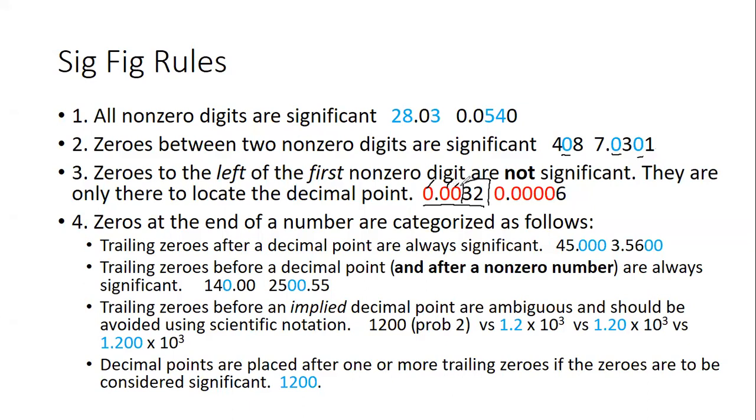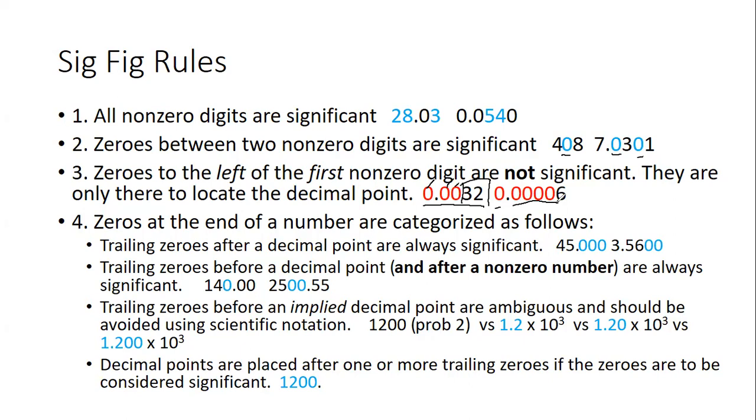What your measurement is saying is that you're fairly confident that it is 3.2. So 0.00006, all of these zeros are before a non-zero number. Therefore, by definition, they are not significant.